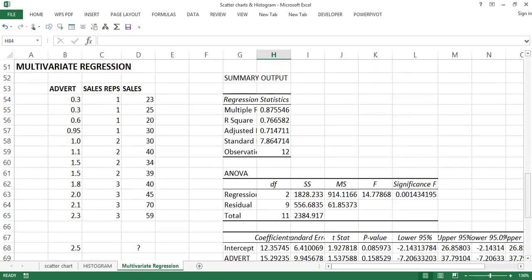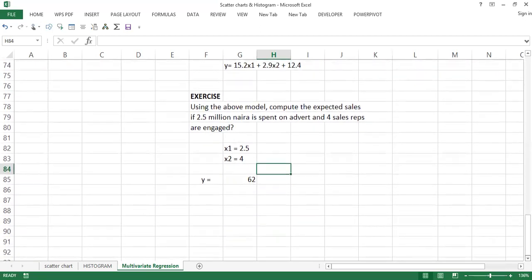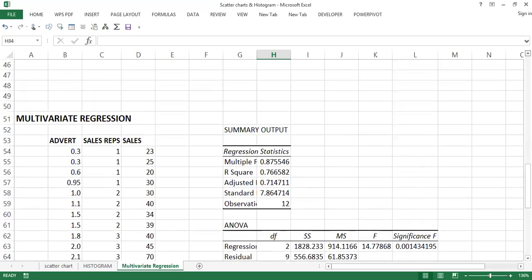You can use this same model, but you see something about this kind of business analysis: you have to understand the kind of business scenario you are dealing with.